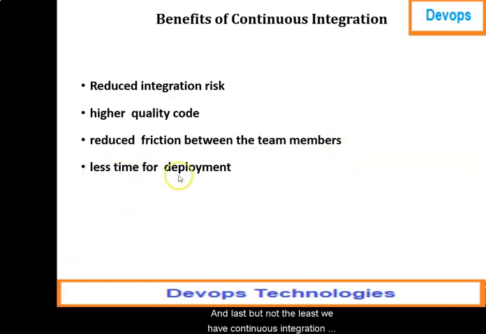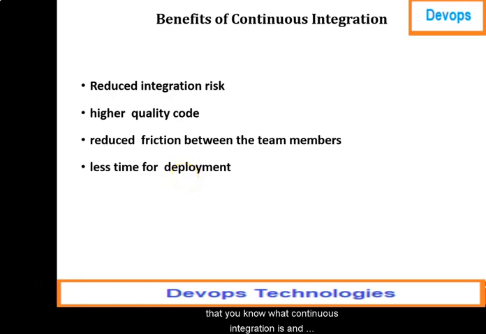And last but not least, we have continuous integration offering less time for deployment. As we all know, deploying projects can be very tedious and time-consuming. So automating these processes can be really helpful for the complete team. These were the benefits of integration.